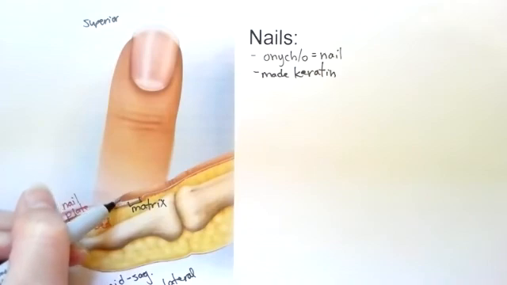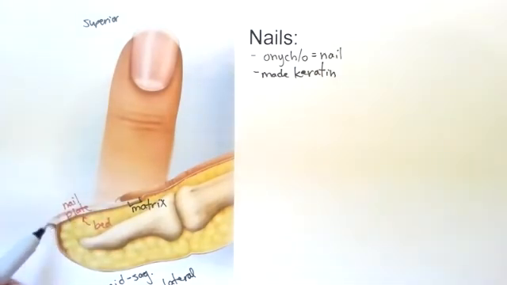We have a fold here, and we have a fold here that keeps liquid and dirt out. This fold is called the hyponychium, and it's spelled hyponychium. And hypo we know means below the nail, so that makes sense.